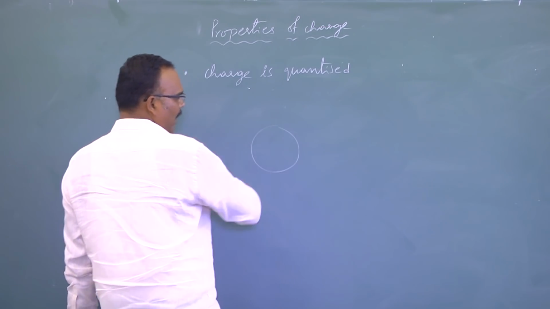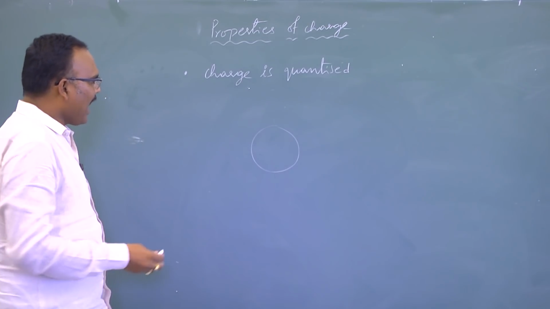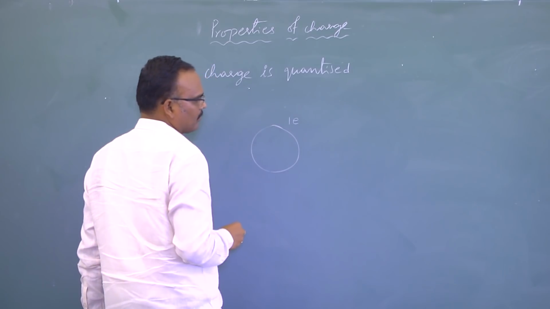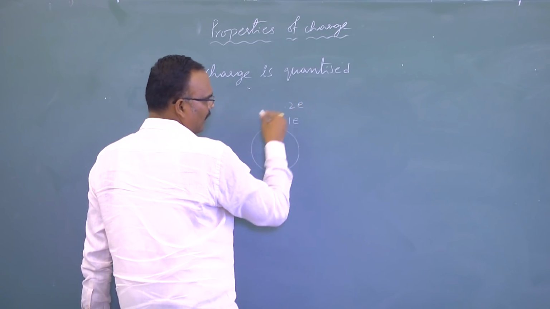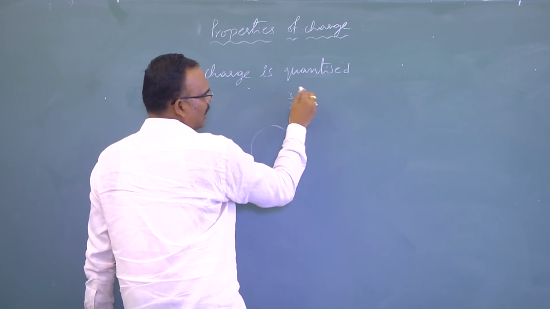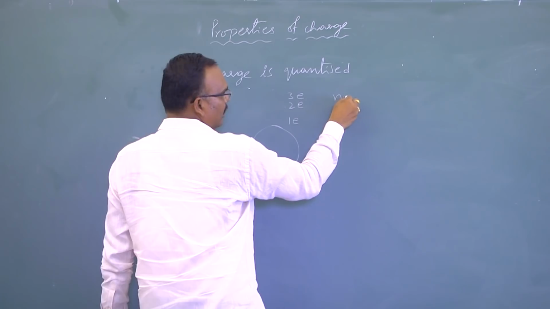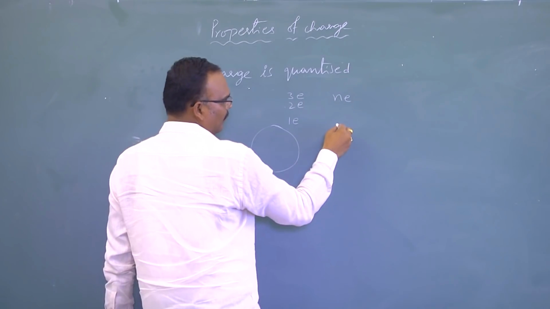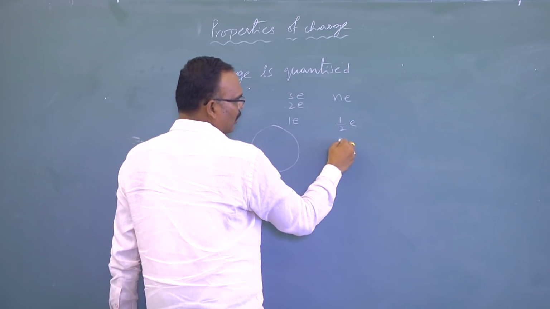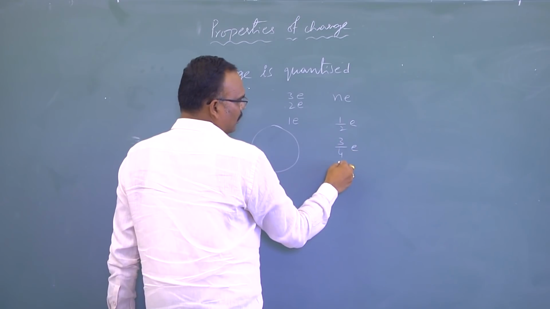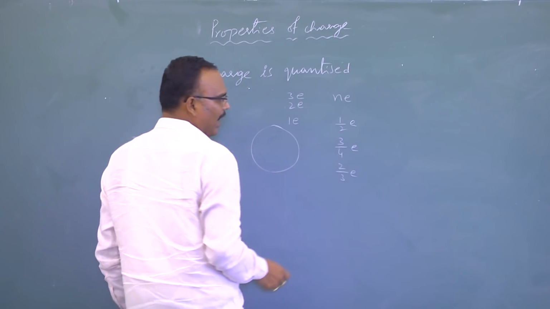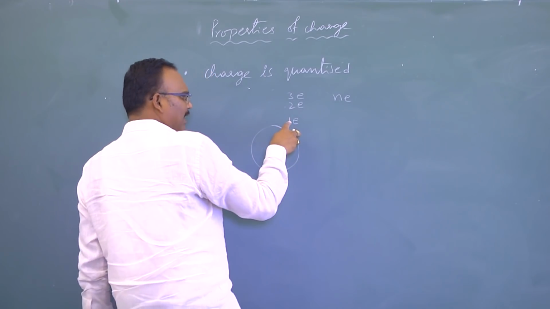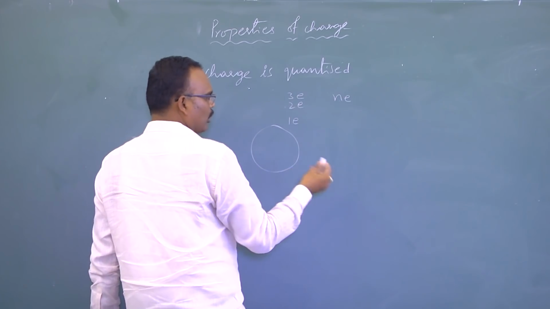So any body may have charge equal to 1 unit of charge of electron, or 2 units, or 3 units, or n units of charge of electron, but not a fraction. That means half electron, 3/4 electron, 2/3 electron, these kinds of fractions are not possible. This is called quantization.